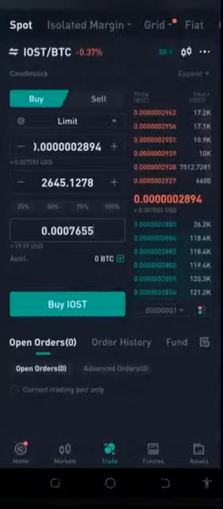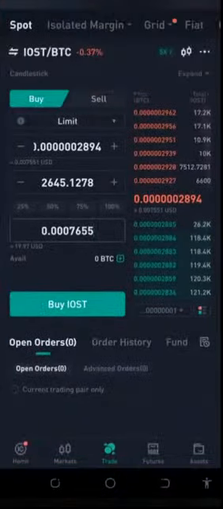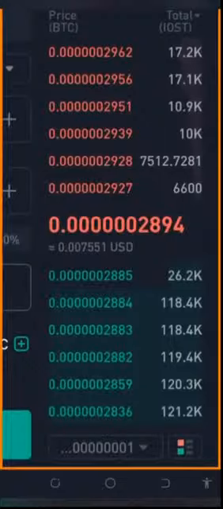Now, one of my subscribers sent me a message saying that now he really understands what this means. Before, he was looking at this order book as being in dollars or USDT, like maybe when it says 26.2K, it means 26.2 thousand USDT.